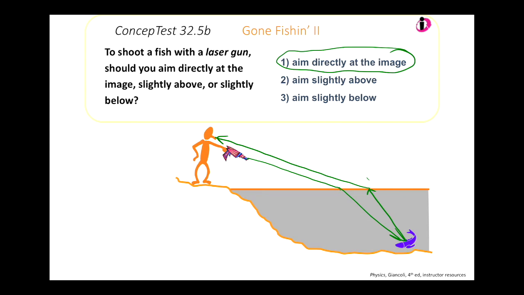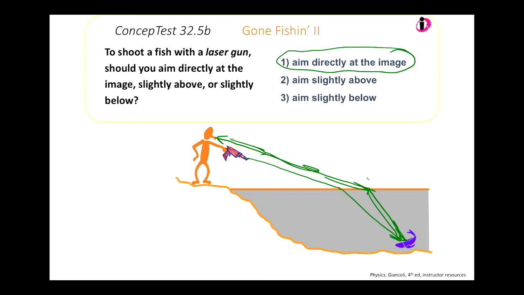If light comes from the fish to you along a certain path, and I shoot directly back along the same path, the light should bend exactly the same direction. So if it helps, maybe imagine that we shoot directly back this way and let it follow the exact same path. That's the difference. We're using a light gun instead of something physical.